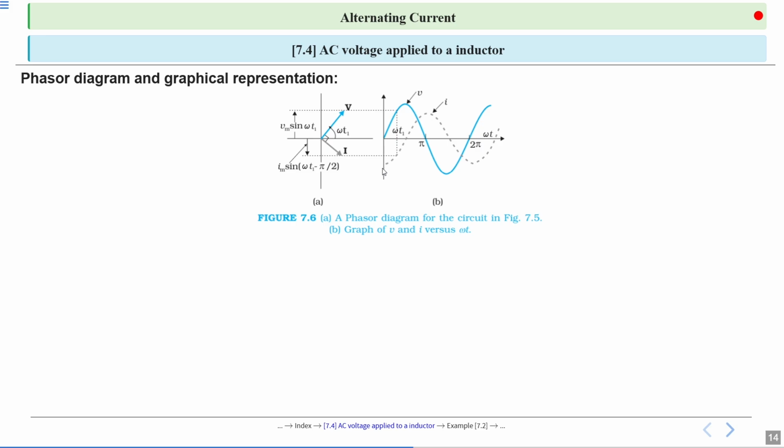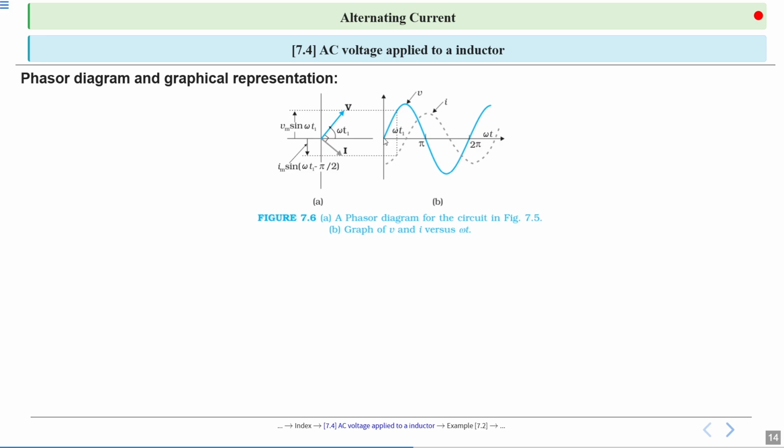It is lagging behind the voltage. It will start from the minimum value and reach 0 after pi by 2. For half cycle it is pi, for 1/4 cycle it is pi by 2, so it will reach 0.